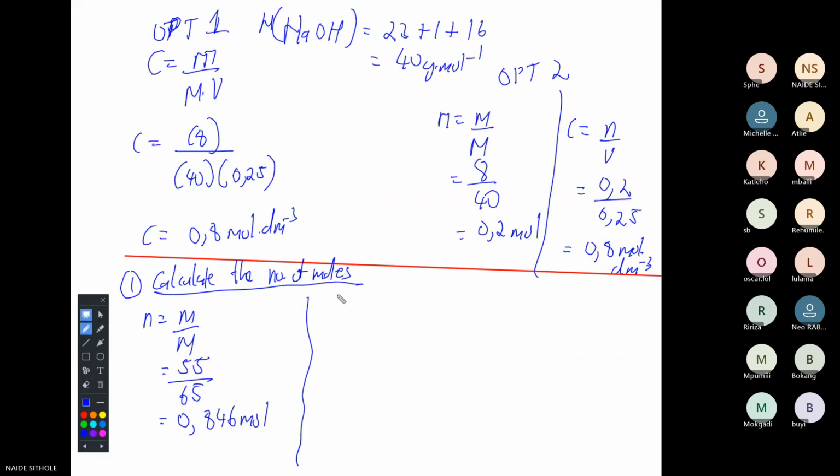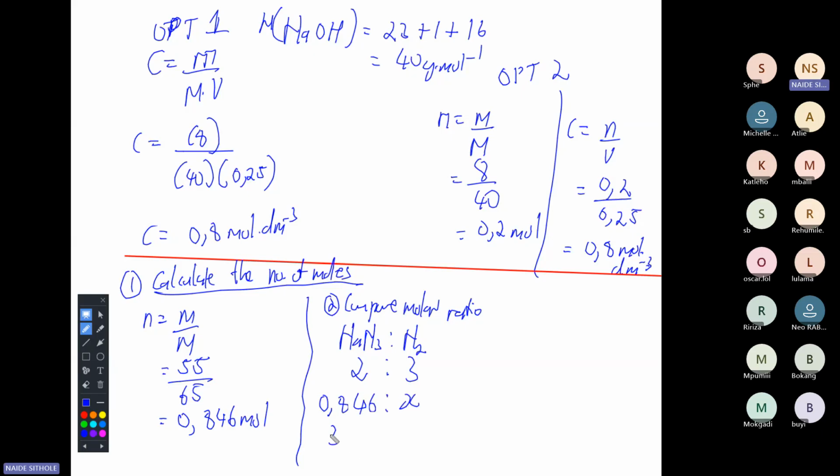So number 2, compare molar ratio. Sodium azide to what? To N2. The ratio is what? 2 is to 3. The way we spoke about stoichiometry, guys, you can't afford to disappoint me.